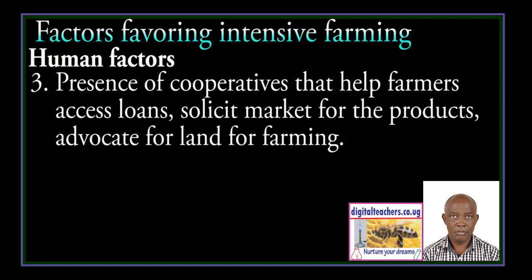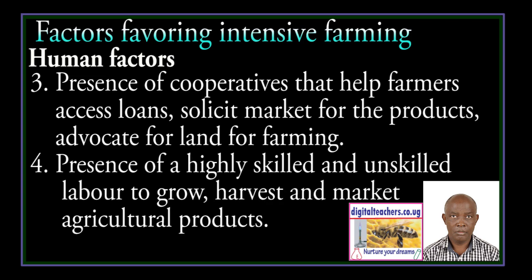Presence of cooperatives that help farmers to access loans, solicit market for the products, advocate for land for farming. Presence of highly skilled and unskilled labor to grow, harvest, market agricultural products.